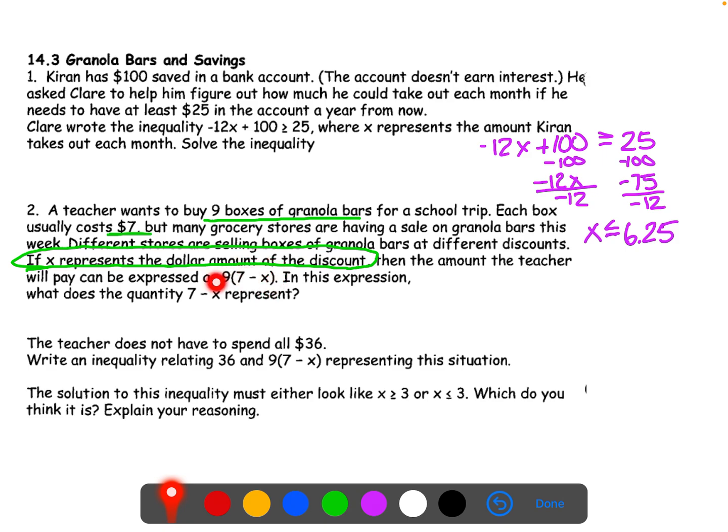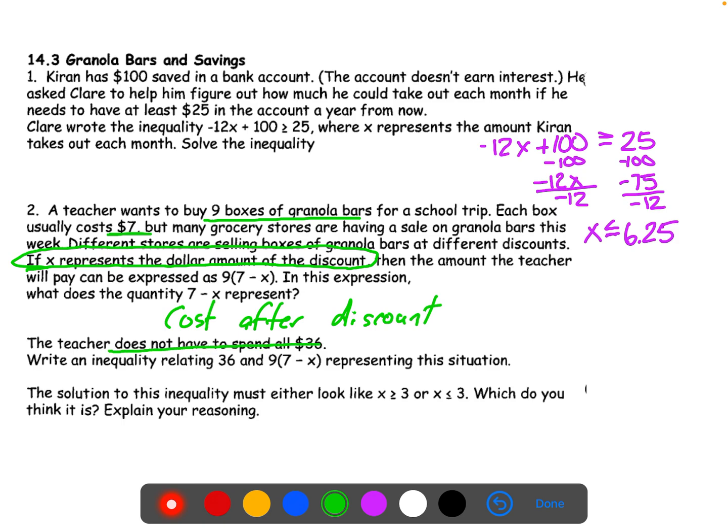And then it's, of course, being multiplied by 9 because she's buying 9 boxes. Okay? So let's write down, what does 7 - x represent? It's the cost after discount. Then, the teacher does not have to spend all $36.